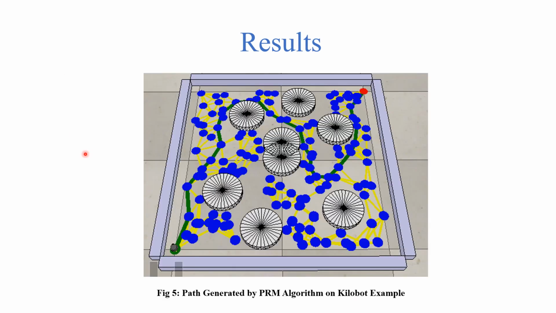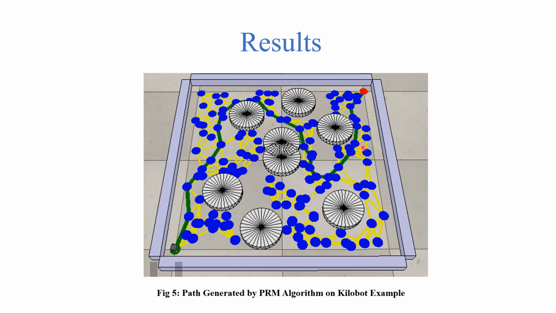Now this figure right here shows the results of applying the PRM algorithm to the problem of finding a path for a kilobot from the green dot, that's the start, to the red dot, which is the goal, trying to avoid these 8 circular obstacles shown here. The blue dots are the nodes that were found using the PRM algorithm. The yellow edges are the ones that we also created using the PRM algorithm.